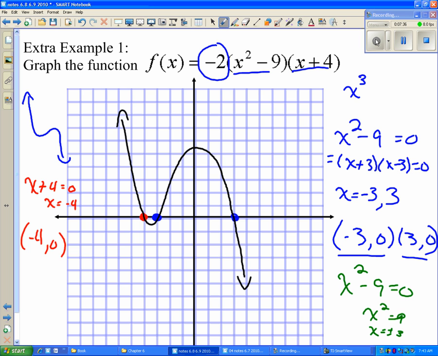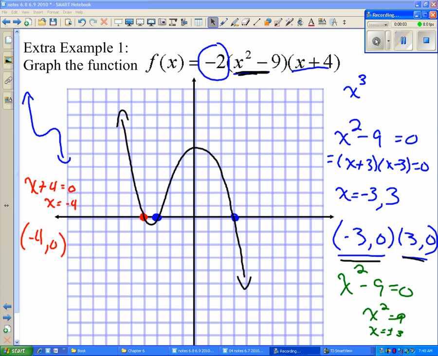My graph looks like that. I have my function here, I have my 3 zeros. From x squared minus 9, I got -3, 0, and 3, 0. From x plus 4, I got -4, 0. Plotted those points, drew my graph.